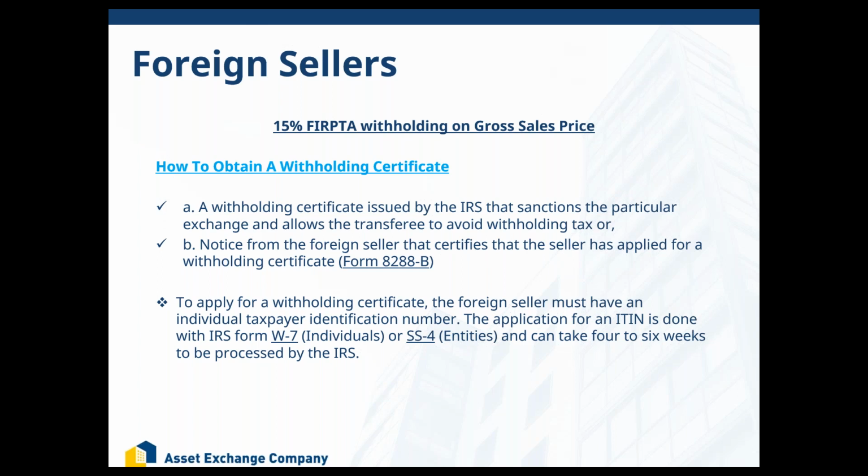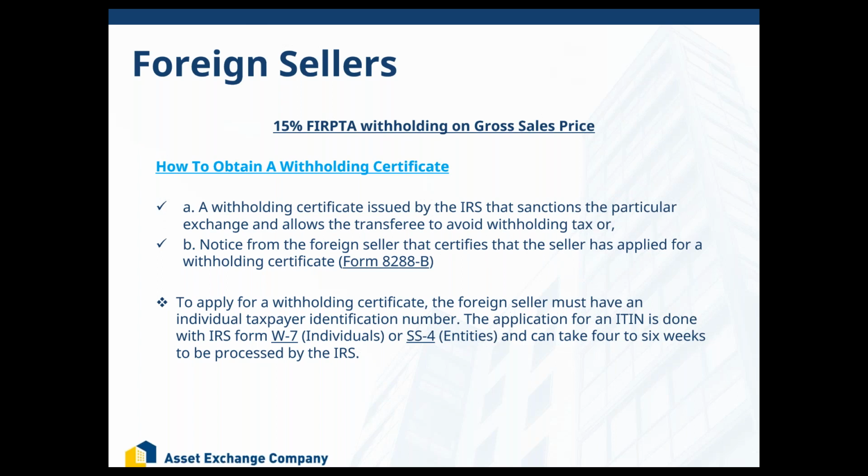All right, I have a great PDF flyer that I'm going to send out to everybody that talks about all these steps. Okay, some of the other things that can affect FIRPTA, where they can get out of it. If the sales price is less than $300,000, and the buyer is actually going to live in the property as their primary residence, their primary home, then there's no FIRPTA withholding. Now, if the sales price is anywhere from $300,000 up to $1 million, and the buyer is going to live in it as their primary home, then there's only a 10% FIRPTA withholding.